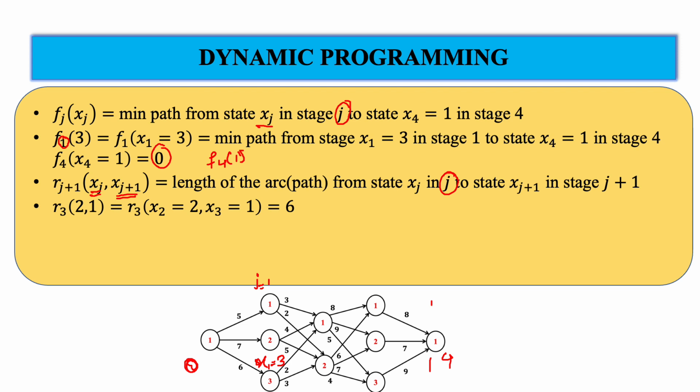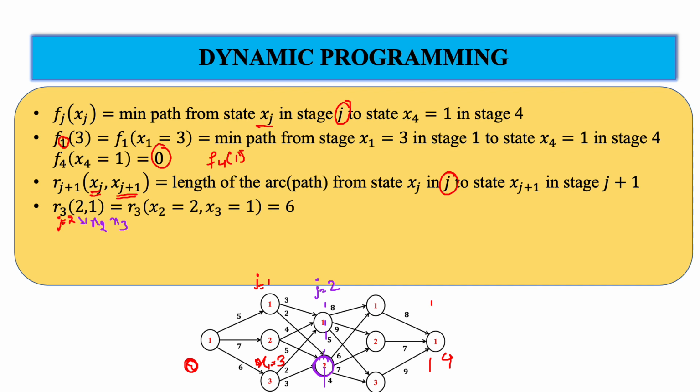What is the j value for this? j is 2, so in the second stage, j equals 2, and this 2 is xj, that is x2, and xj+1, that is x3, is 1. So from stage 2, state 2, you have to find the minimum length from this node to what?